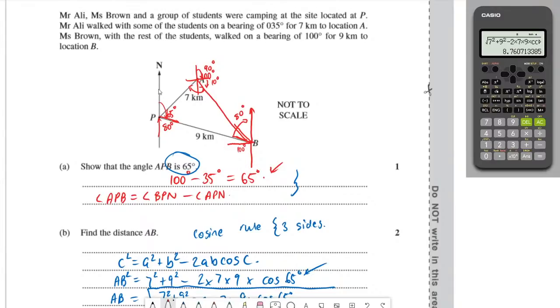So there's 100, so that is 100 there. Which does make that 80 degrees, doesn't it? It'd have to be 80 degrees.